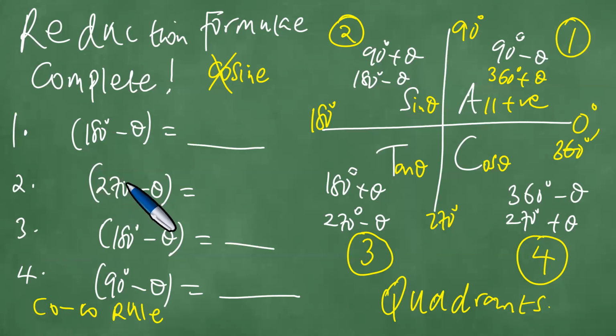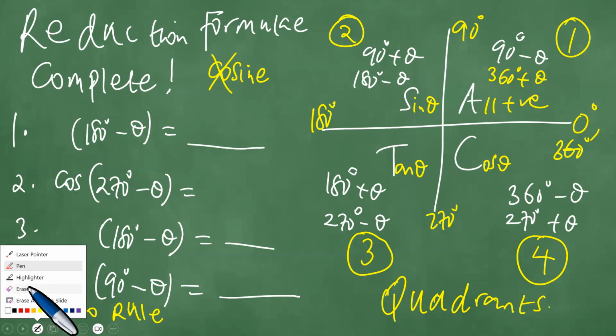So if you put 270 degrees here and you put cosine, we're going to put a cosine here. And at 180 degrees minus, what can you put? Let's put the cosine again.